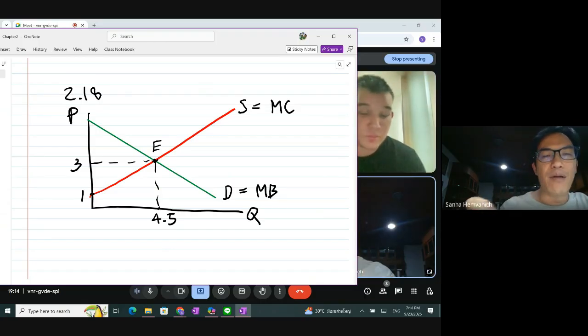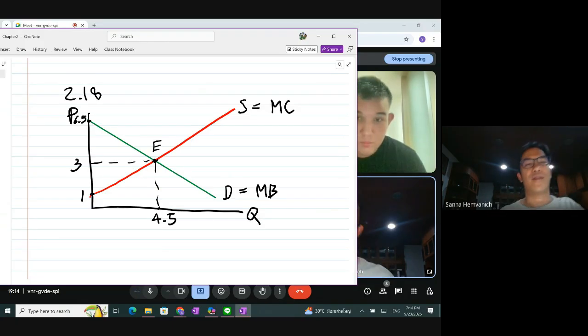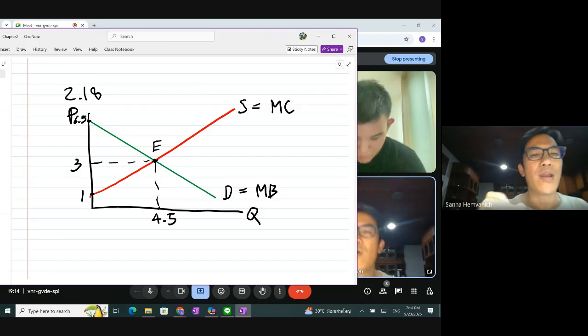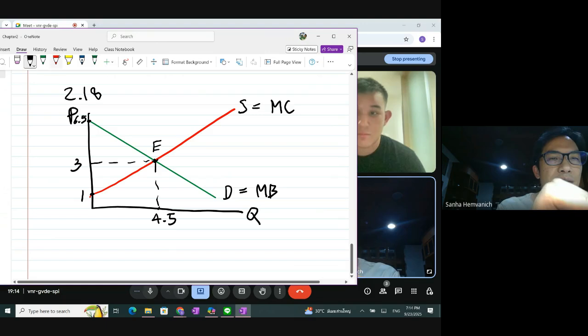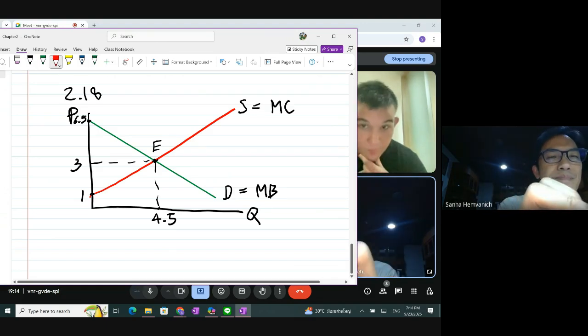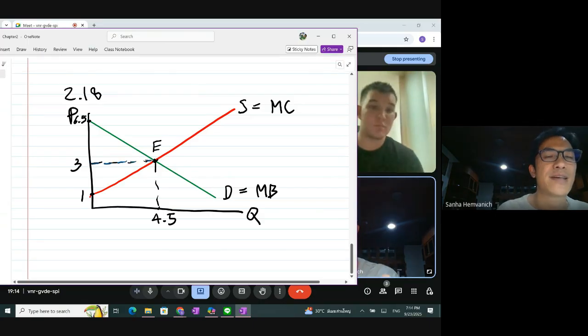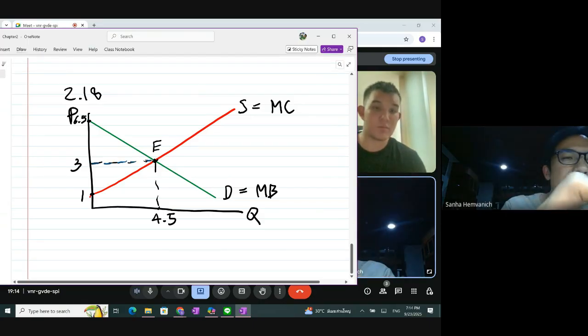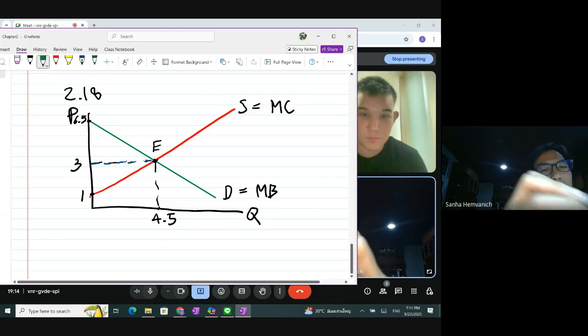And the intercept of the demand curve is 6.5. So we start with the equilibrium price. The area, let me draw it in green.